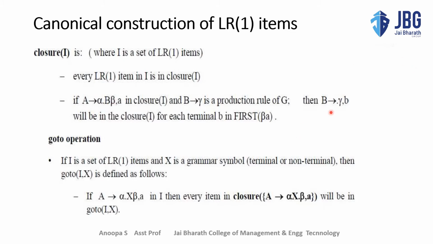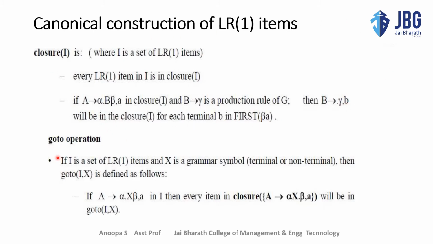Similarly, you include that production with a dot at the left of the right-hand side, similar to LR(0) items. But additionally, we have to add a terminal lookahead symbol. You get this lookahead by taking first of beta a, that is, whatever comes after B, you take first of that. Those symbols will be your lookahead. This is how we compute the closure.